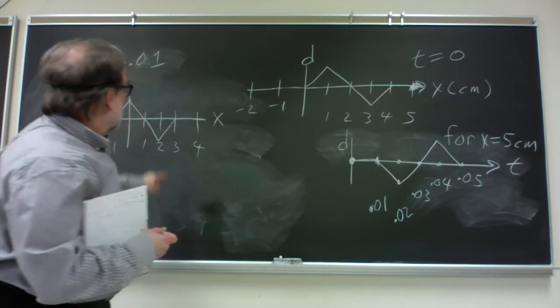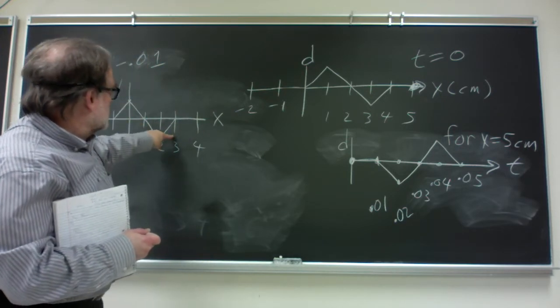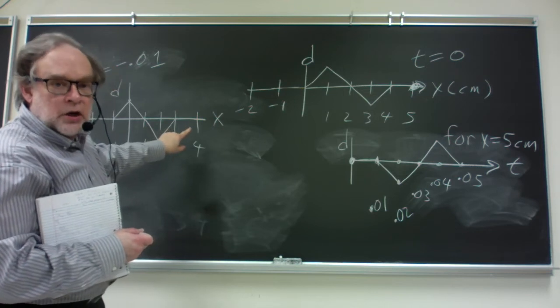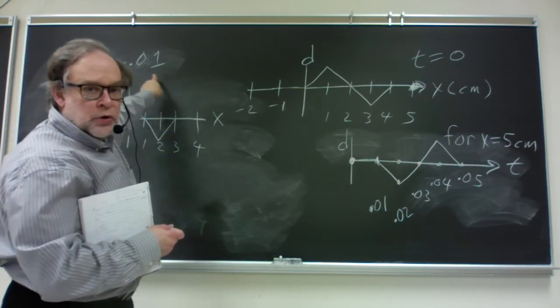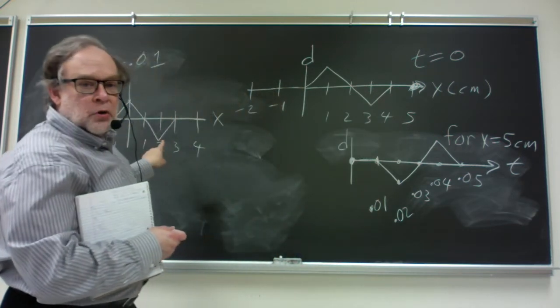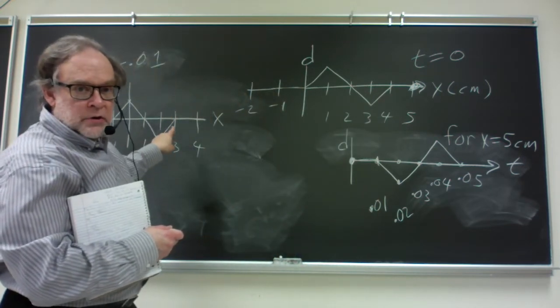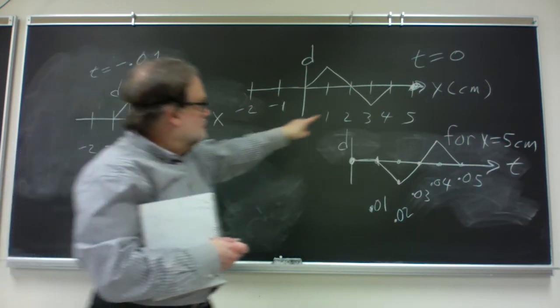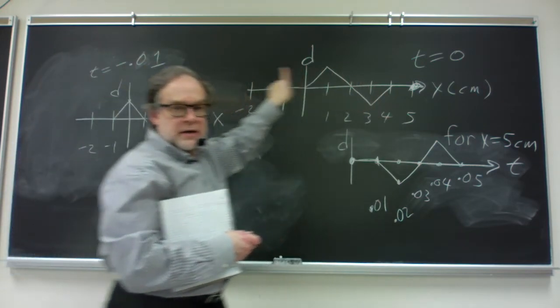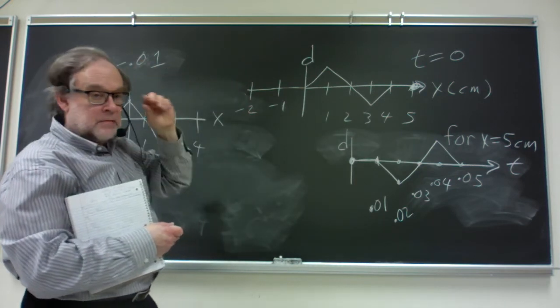So at minus 0.01 seconds, the front edge of the pulse was at x equal 3. And then in the 100th of a second, between minus 0.01 and 0 seconds, the front edge of the pulse traveled 1 centimeter, so it went from 3 to 4. It's at 4 1/100th of a second after this time.